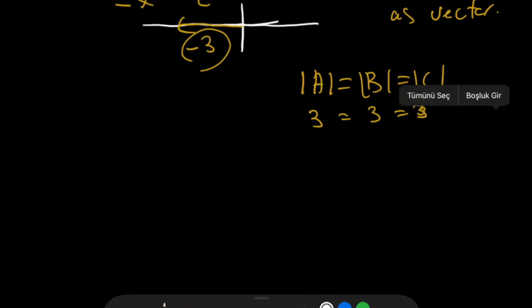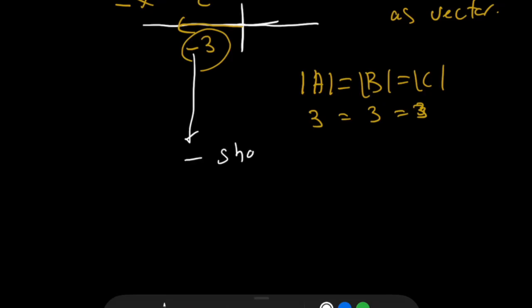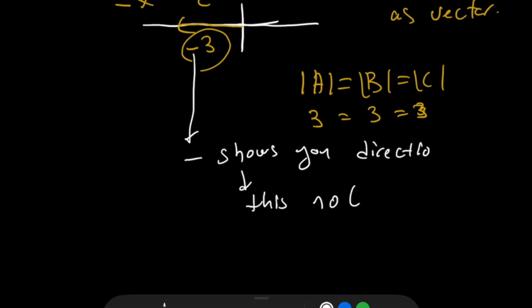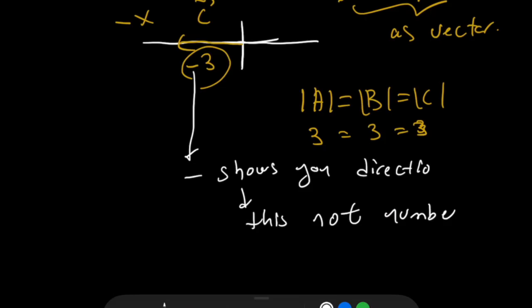And let me remind you this negative shows you direction. Okay, this is not a number, it's just direction. So the magnitude of this one is 3.